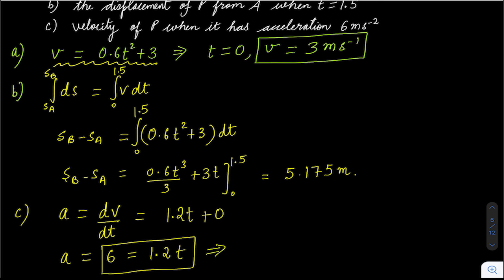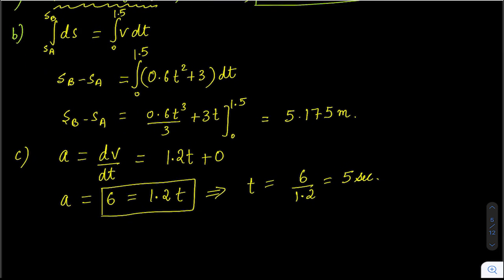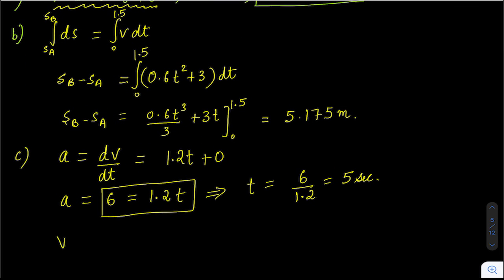Because this is my acceleration. So what's the time here? Time is 6 divided by 1.2, which is 5 seconds. So at 5 seconds, my acceleration is 6 meter per second square. So we need to find velocity at time 5 seconds.